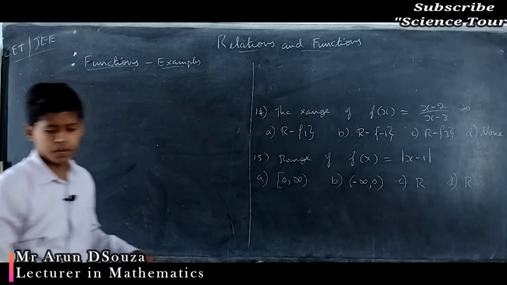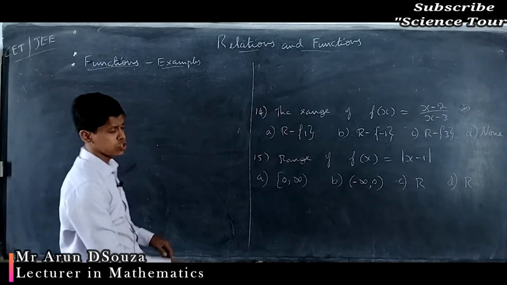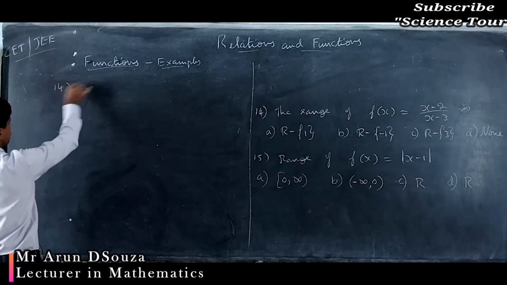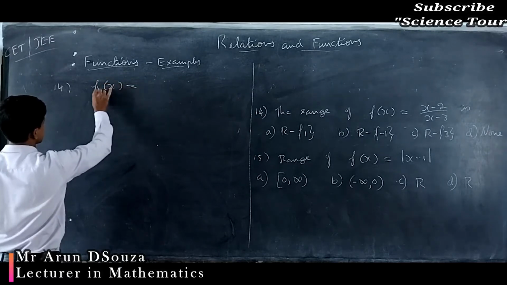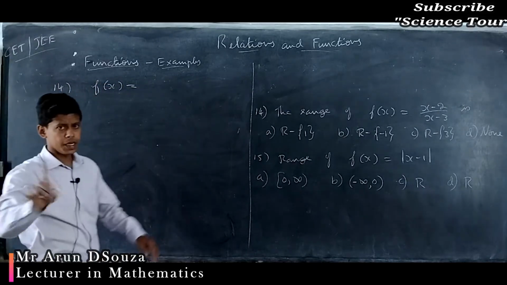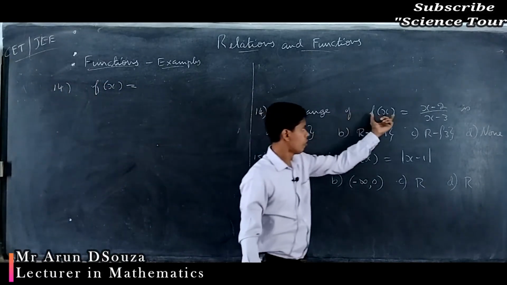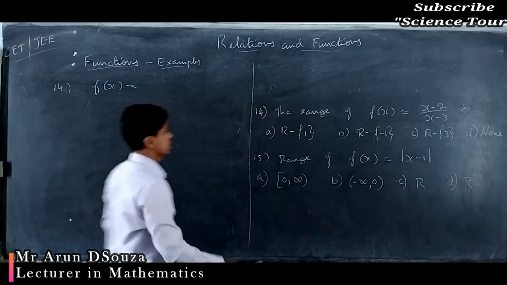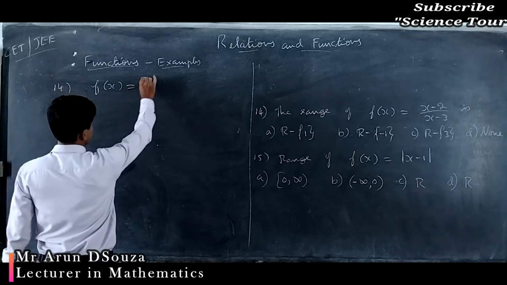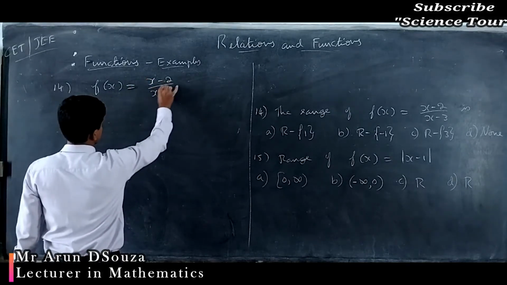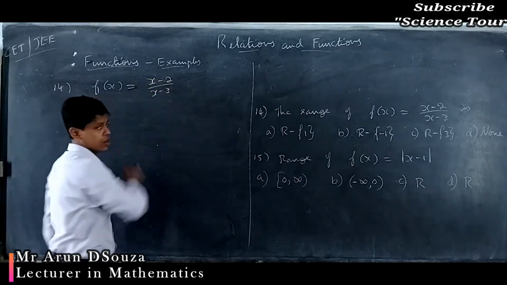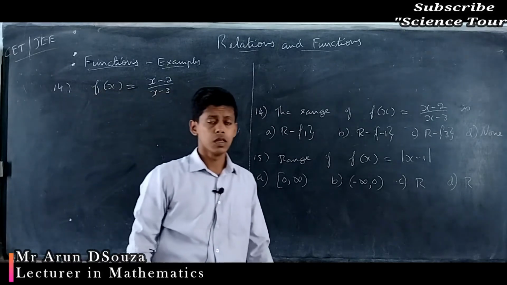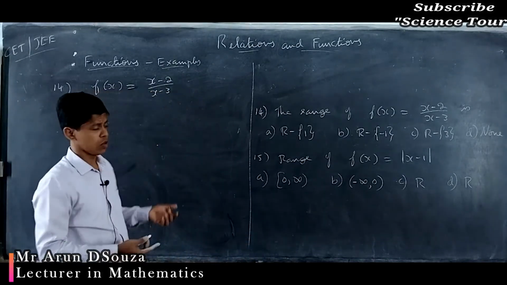Question number 14 is also finding the range of f of x. Are you with me? So f of x is equal to (x minus 2) divided by (x minus 3). Now this is going to be really interesting, because we need to use the rules that we have learned for finding the range.